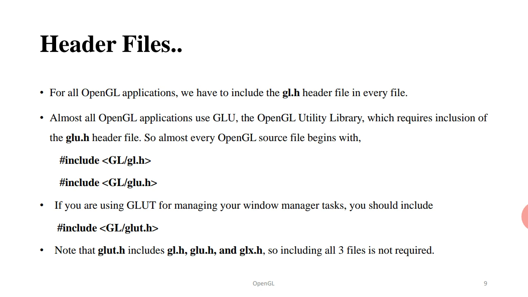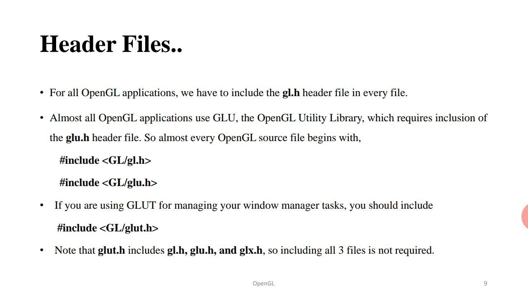So almost every OpenGL source file begins with #include gl/gl.h and #include gl/glu.h. If you are using GLUT for managing your window manager tasks, you should include the header file as #include gl/glut.h.